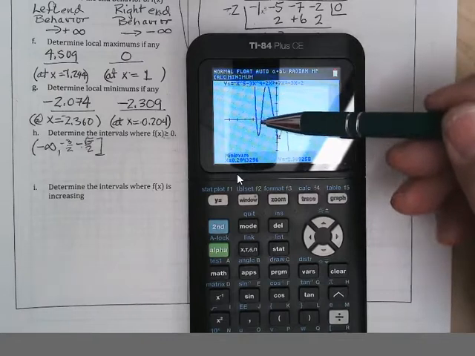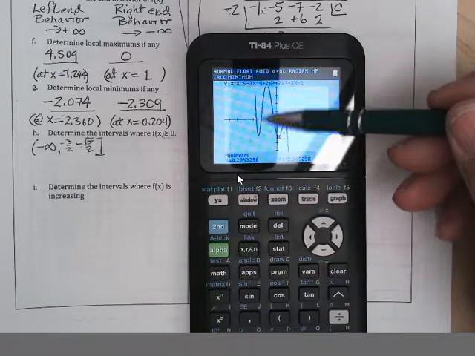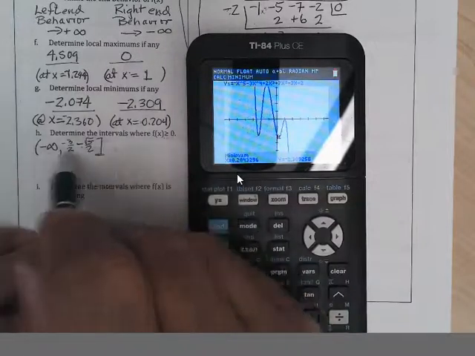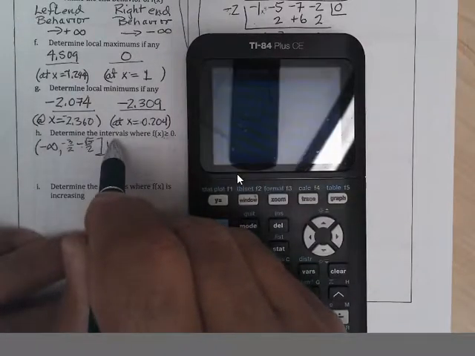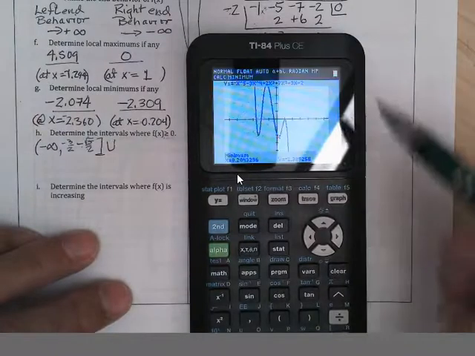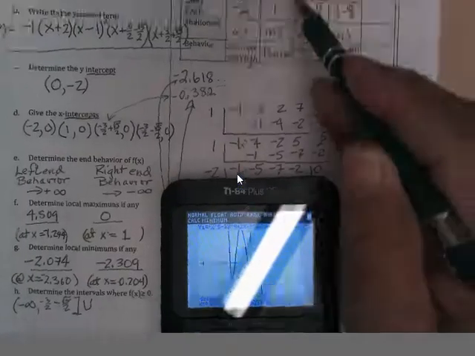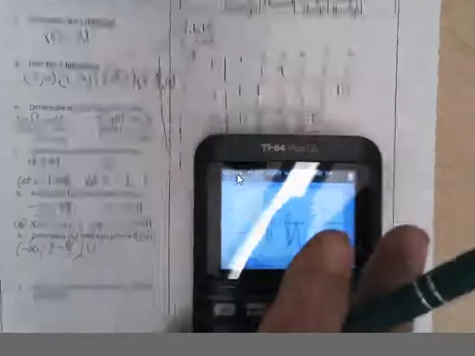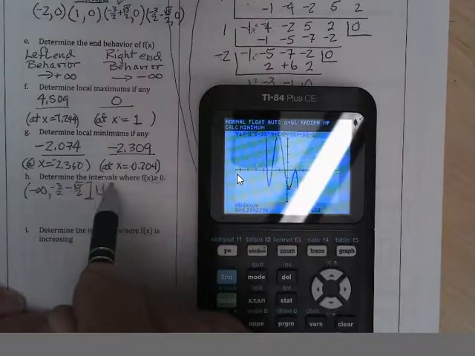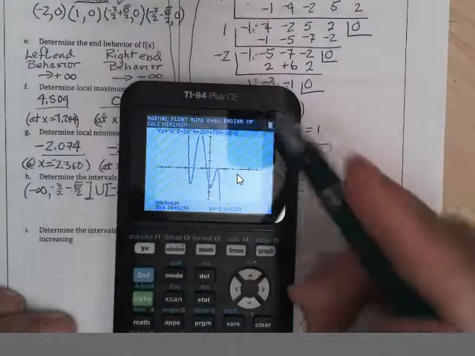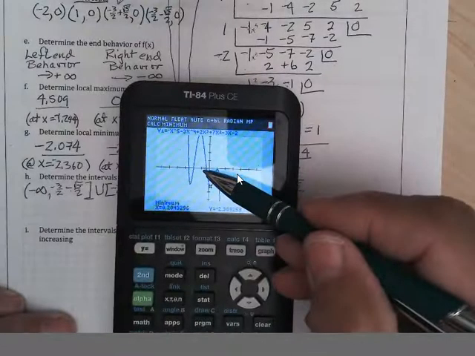Then the y height dips down, so I don't want any of those. But it's greater than 0 in another place, so we have to connect these with the next place by saying union, and the next place looks like it starts at negative 2 where it was 0. At negative 2 it was 0, so I'm going to include the negative 2, include, not a parenthesis, negative 2, and when does it quit being above 0?